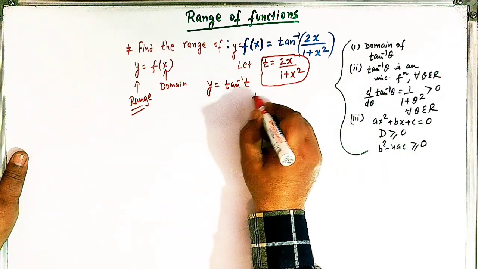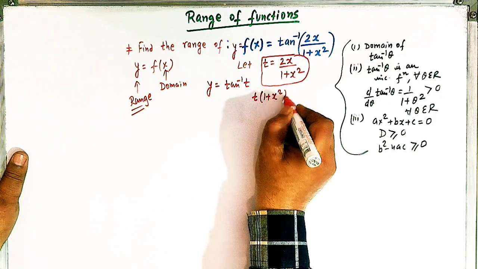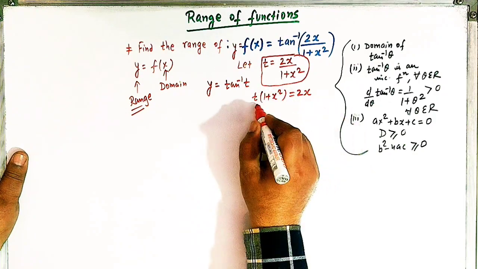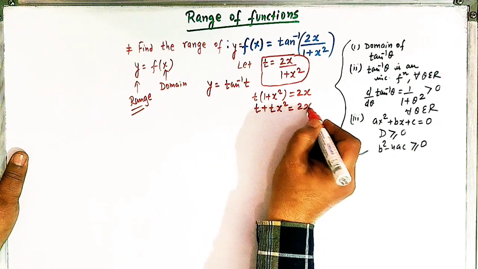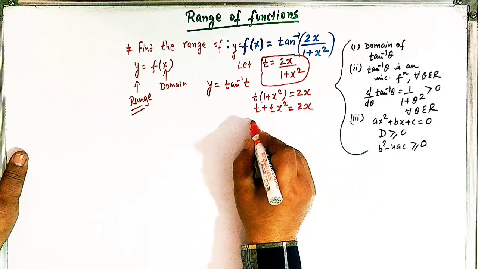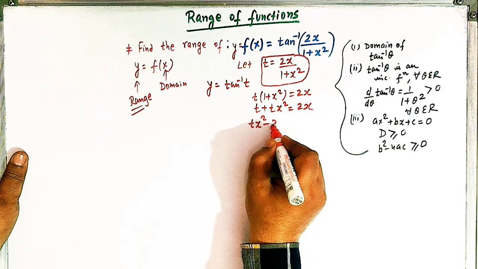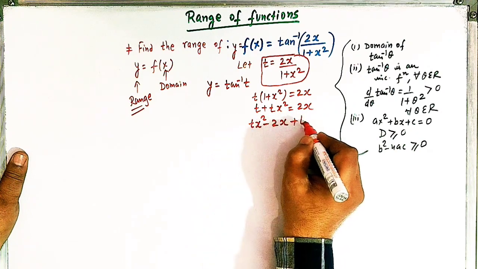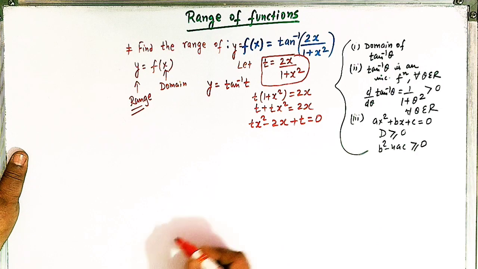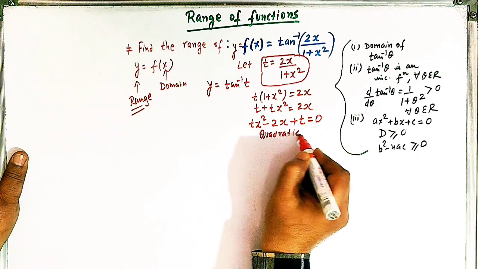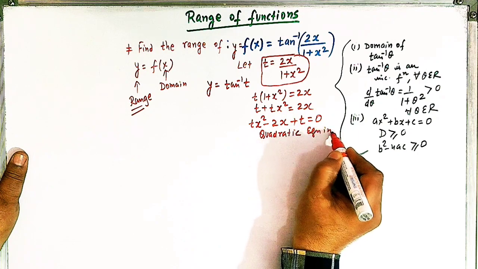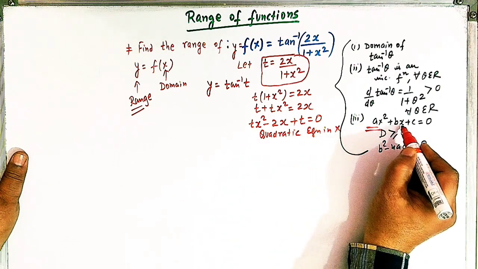So we can write t times 1 plus x square equal to 2x. Then we have t plus tx square equal to 2x. Now we have tx square minus 2x plus t equal to 0, right? So now this is a quadratic equation in x.